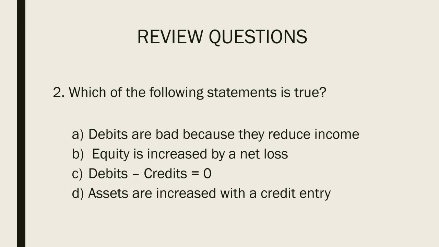Or debits minus credits equals 0. Or lastly, assets are increased with a credit. C. Debits minus credits. Yes. Okay, remember, the governing rule number 1 of all accounting is your debits must equal your credits. So if you were to subtract the 2, it has to equal 0. So yes, that is correct.